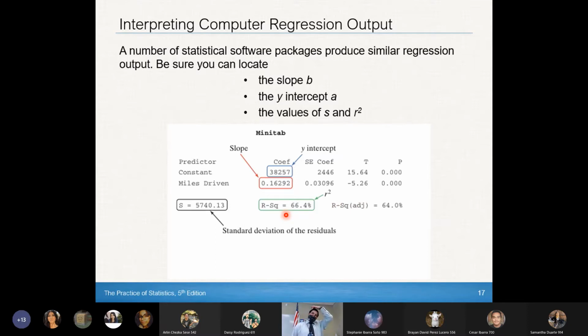That tells us how good a predictor the regression line is, kind of. And those are the only 4 values we're really concerned with at this point. Obviously, there are more values.